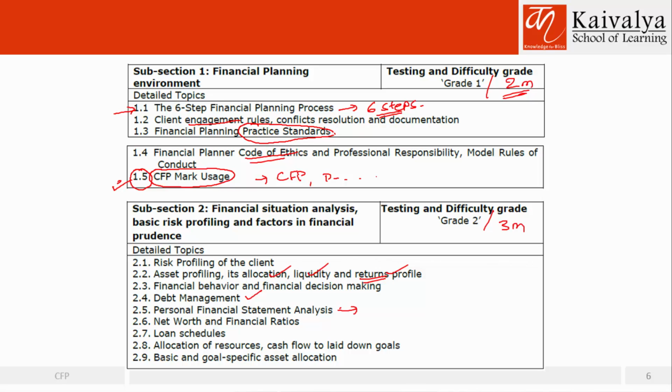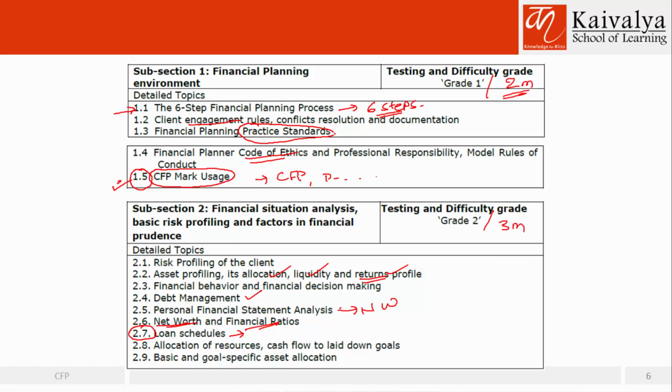This could be very interesting. So you have some net worth mentioned here, financial ratio, but yes, more often I have seen that questions are coming from this topic, that is called loan schedule. Something related to loan is really important in this examination. Moreover, if you are looking at past case studies, you will find out that at least a question on loan has been there in examination.